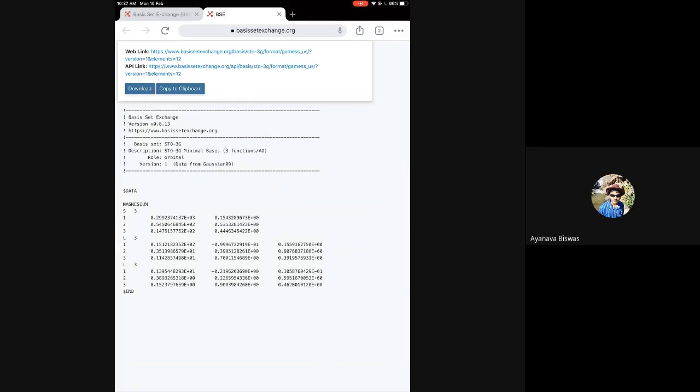The first number is the exponent, and the second number is the combining coefficient. So it's minus 0.299 r squared, and it has a combining coefficient of 0.154. Similarly, there is a second and a third function, and these 3 together represent my 1s atomic orbital of the magnesium atom. Okay.